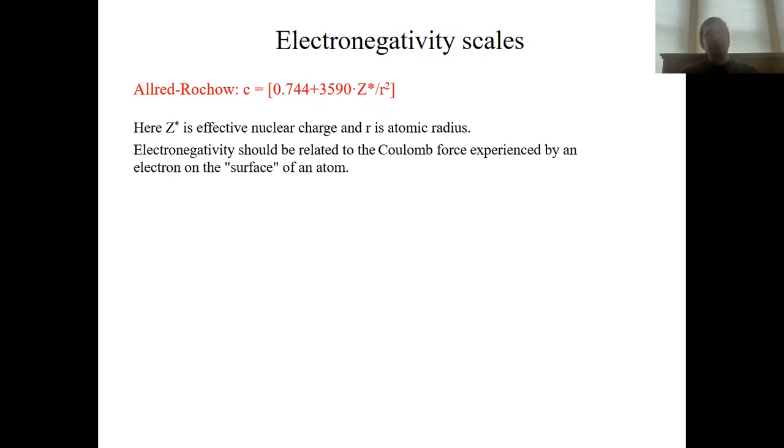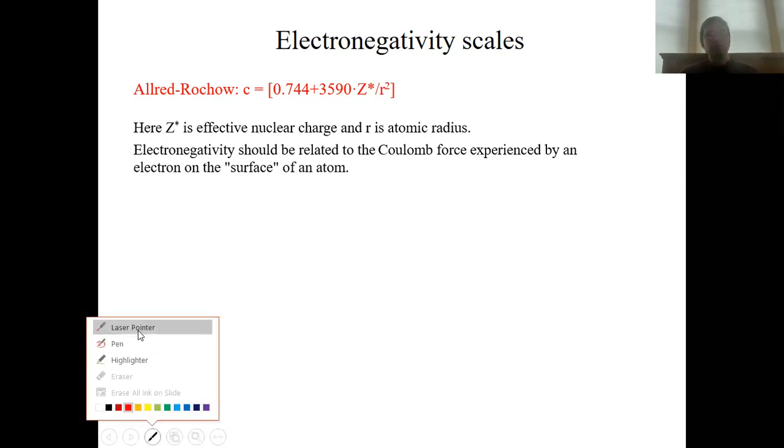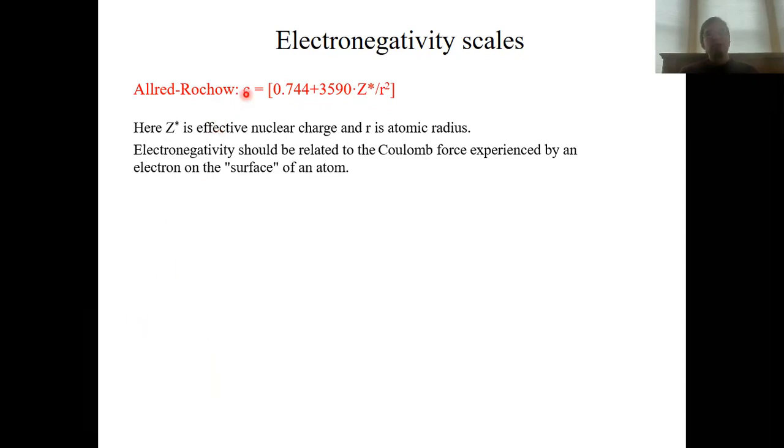So therefore, after Pauling, other electronegativity scales were developed that link electronegativity to quantum mechanical properties of the atom. So one is the concept of Allred and Rochow, which relates the electronegativity to the effective nuclear charge over the radius square.